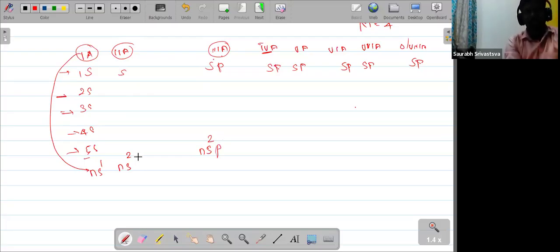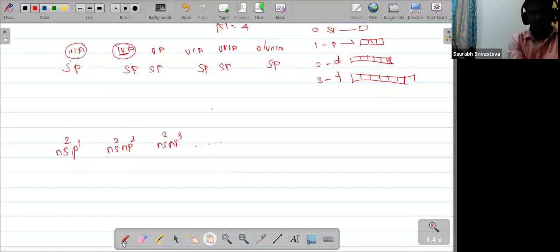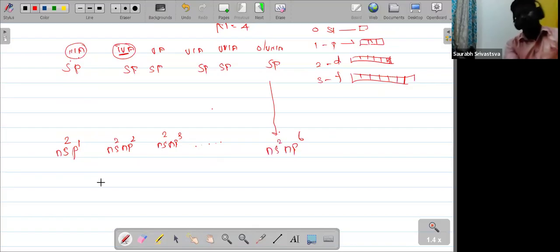Next this group is ns2 np2. Next is ns2 np3. Same as it is, the last one is the noble gas, and we can write ns2 np6. This is the noble gas general electronic configuration.